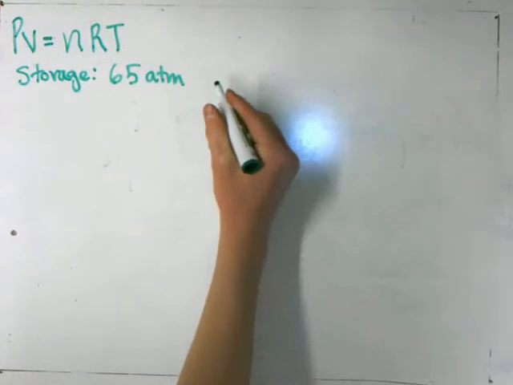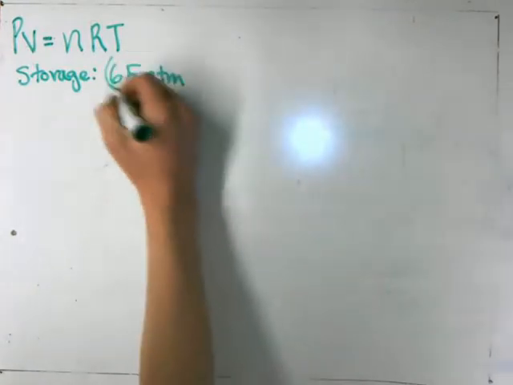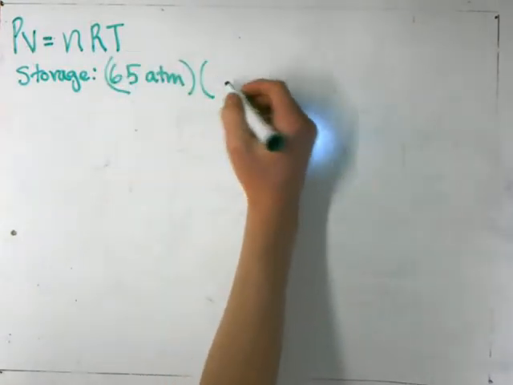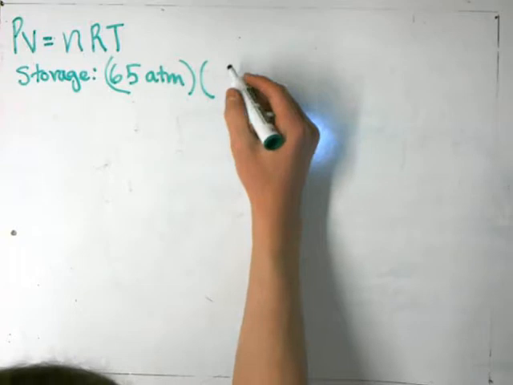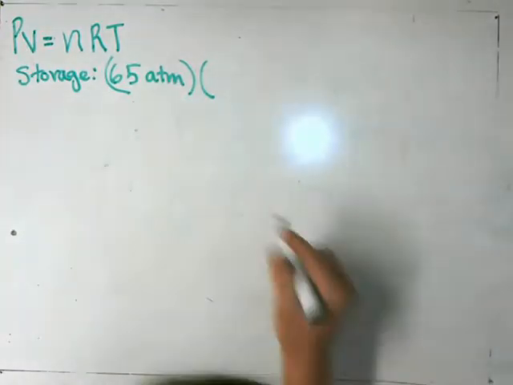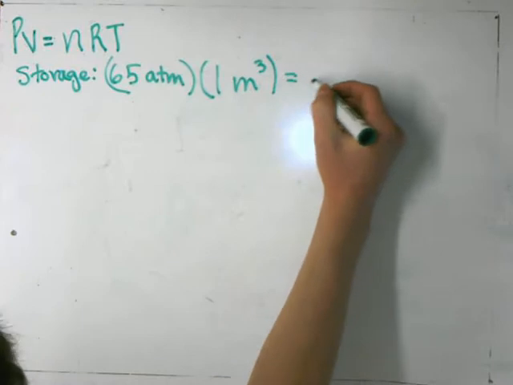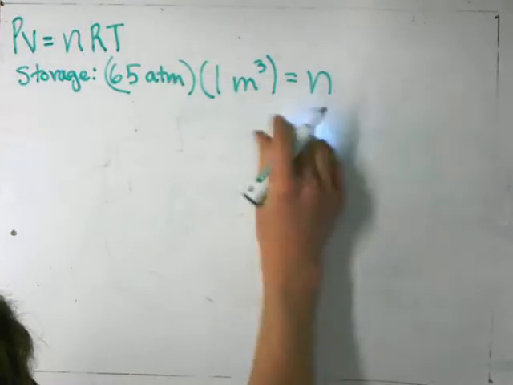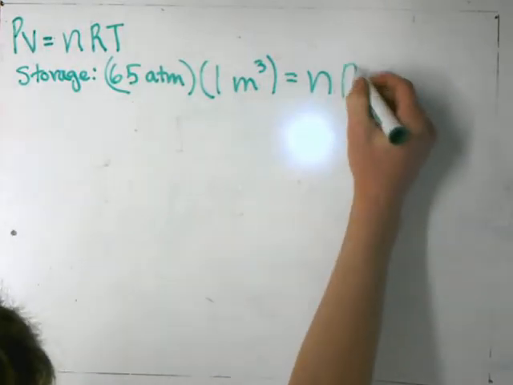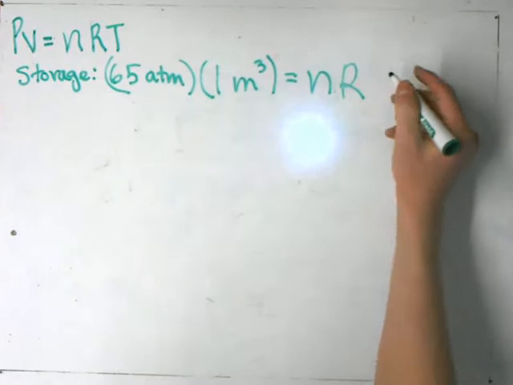We also have the volume. Later on it says 1 cubic meter, so 1 cubic meter is equal to the number of moles, and this is applying to oxygen, times the ideal gas constant, times the temperature, which it says is 288 Kelvin.